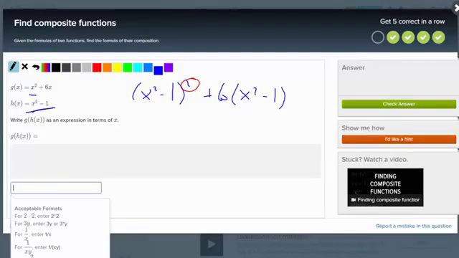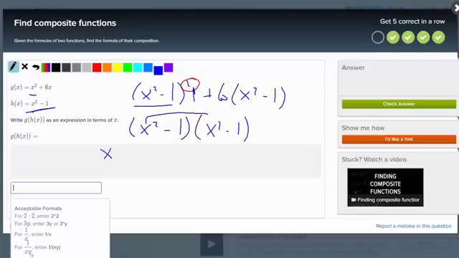Okay, when I have a polynomial raised to a power, I actually have to do this the long way and multiply x squared minus 1 times x squared minus 1. So long way, x squared times x squared will be x to the 4th power. x squared times negative 1 will be negative x squared. Negative 1 times x squared will be negative x squared.